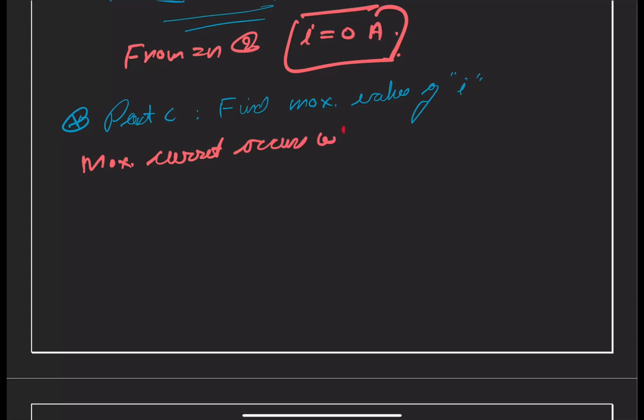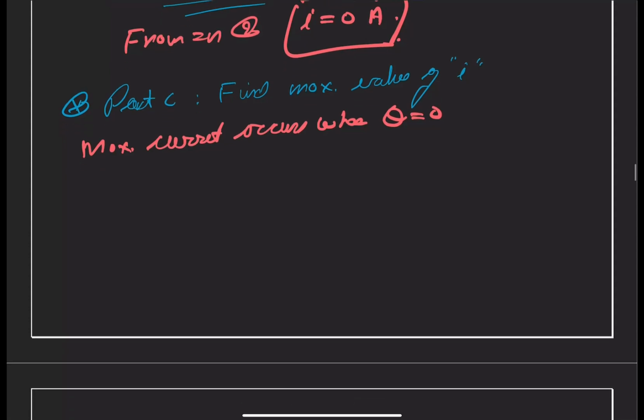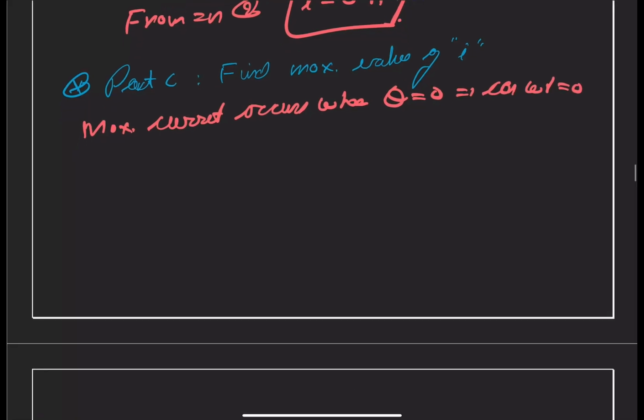when Q is equal to 0, so this implies that cos of omega t is equal to 0, or from here we can say that sine of omega t will be either plus or minus 1.